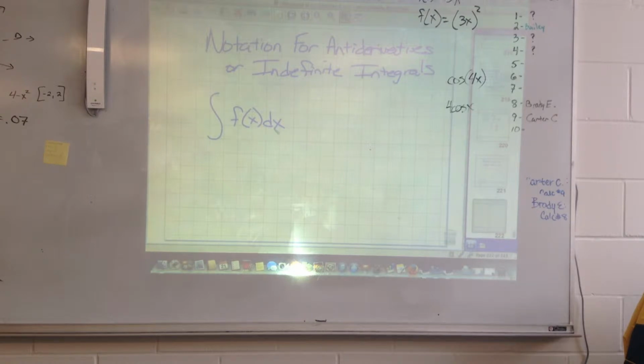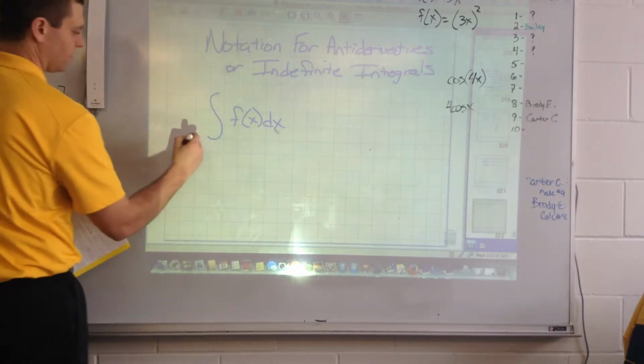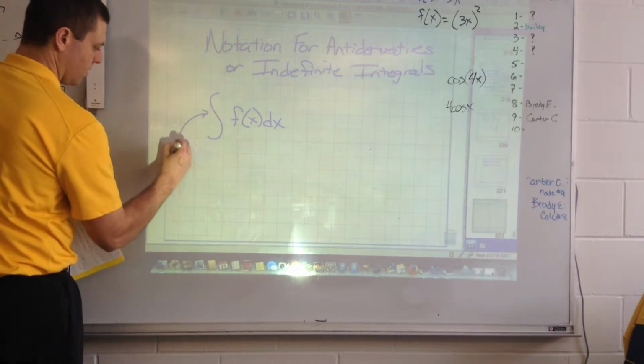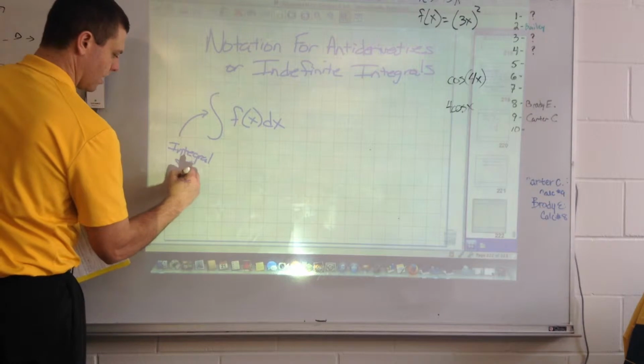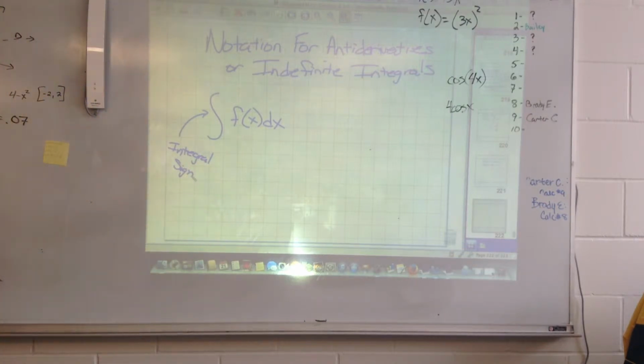That kind of crazy S-looking symbol is an integral sign. And that's the same as antiderivative? Yes. If you see an integral sign, it is asking you to find the antiderivative.